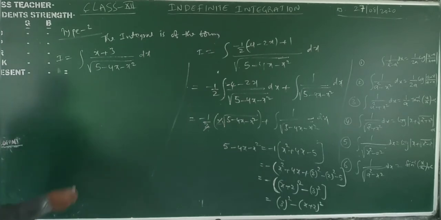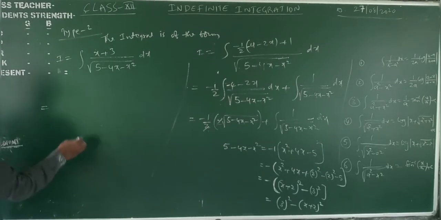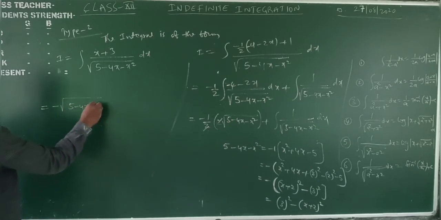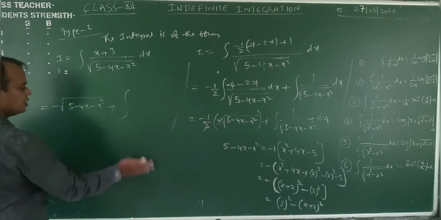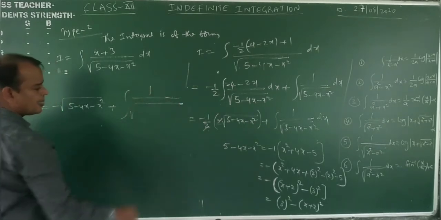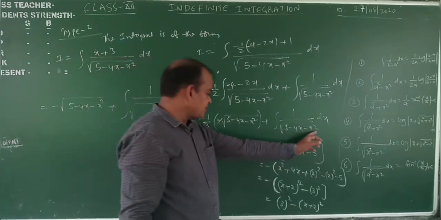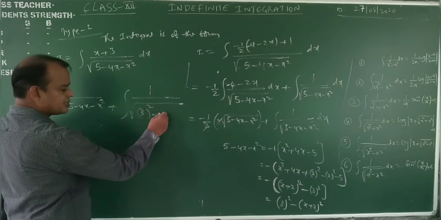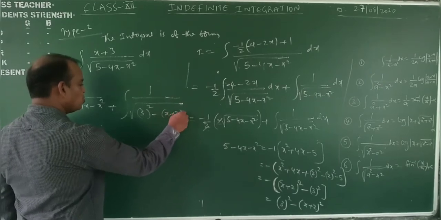This is equal to, continuation of this one, minus root over 5 minus 4x minus x square, plus integral of 1 by root over 5 minus 4x minus x square, this is 3 square minus (x plus 2) whole square dx.